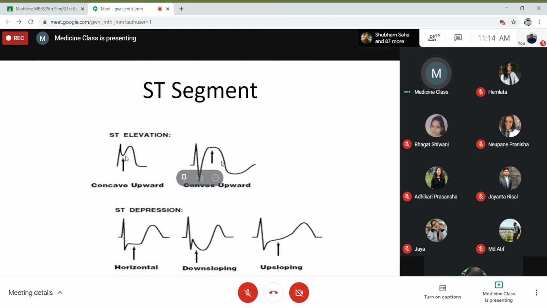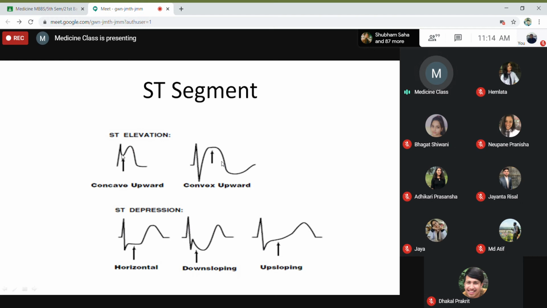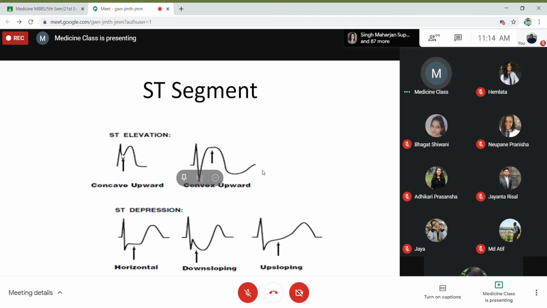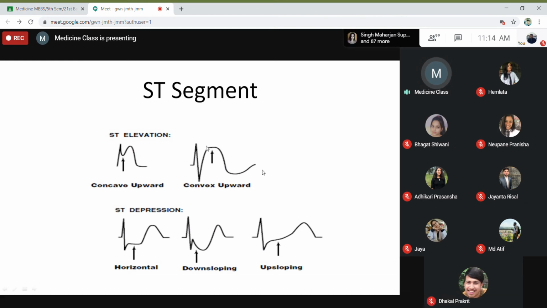Usually, concave upwards denotes pericarditis, and convex upwards usually denotes ischemia. ST segment horizontal depression is ischemia. Downward sloping or upward sloping denotes whether there is a left ventricular strain or not.